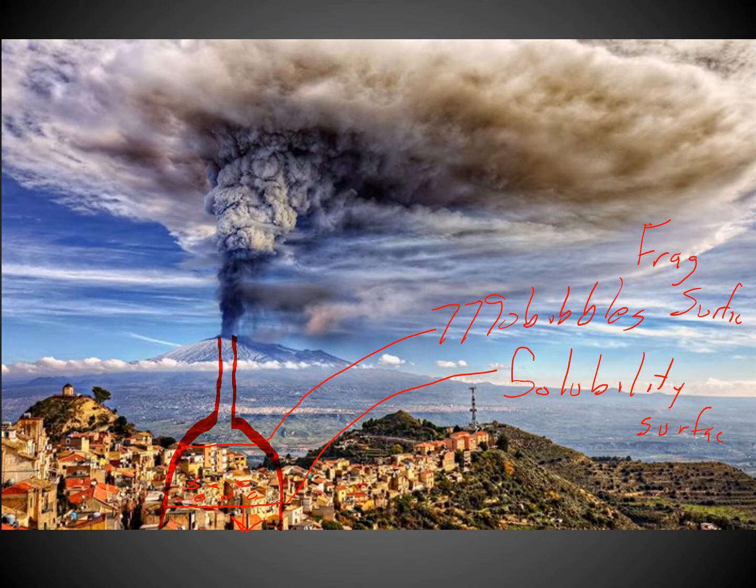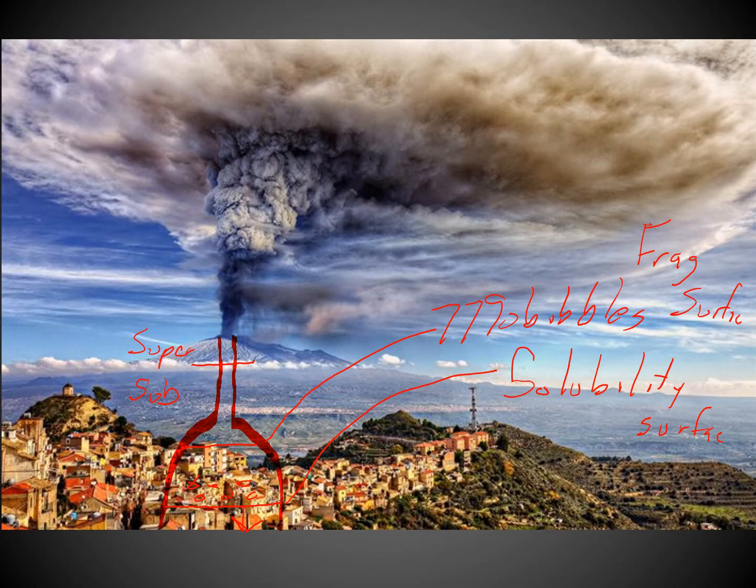That's where it starts breaking apart, and then all those gases that are released will start jetting the broken pieces of foam upward. And as you get closer to the surface, there's less and less material above it. At some point, you are going to perhaps, it doesn't happen in all eruptions, go from subsonic speeds, slower than the speed of sound, to supersonic speeds, faster than the speed of sound.